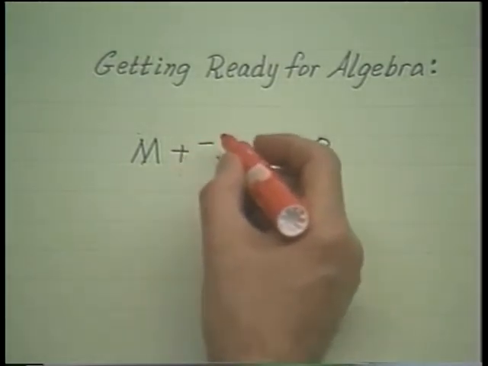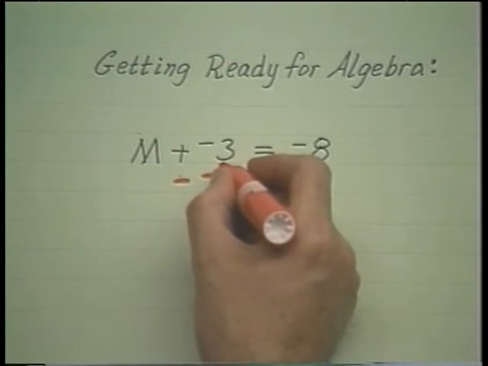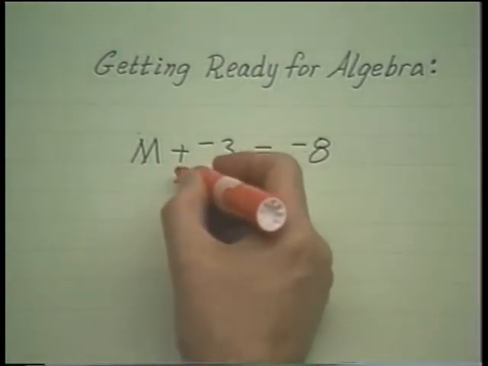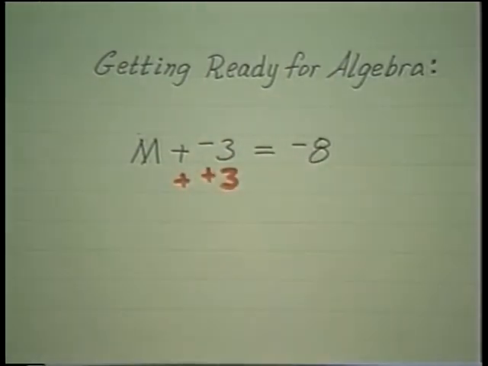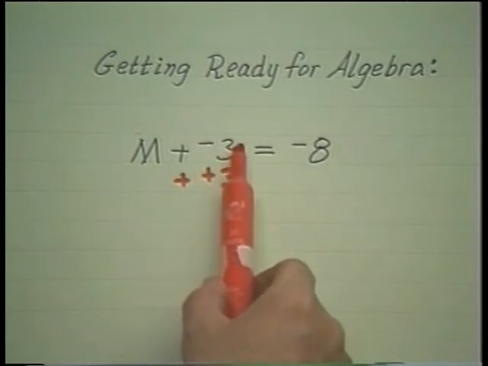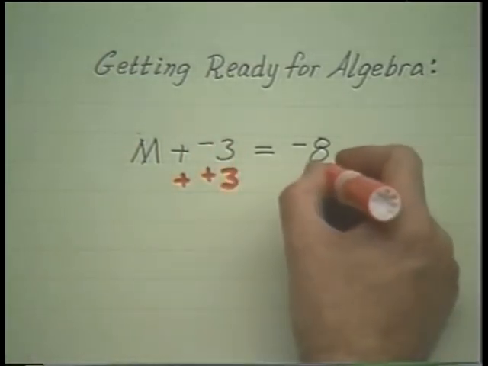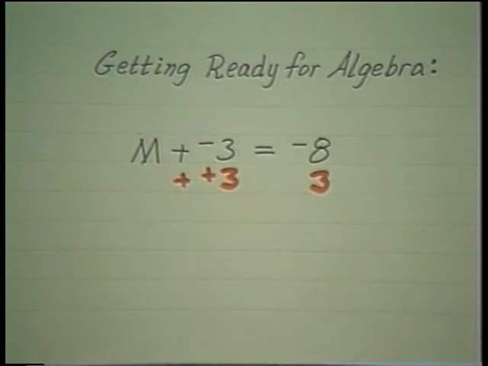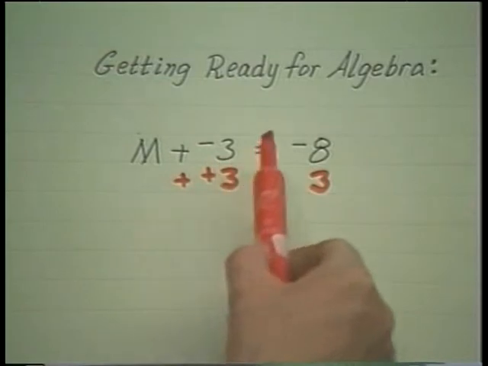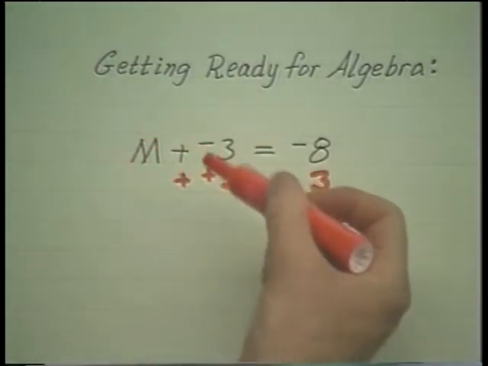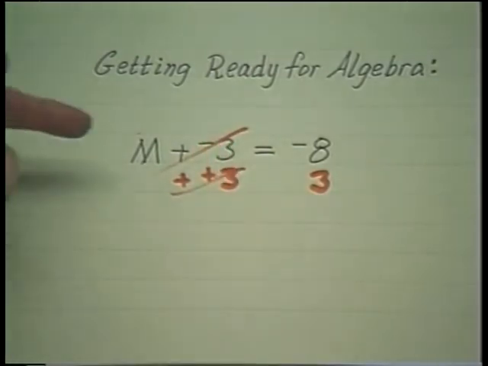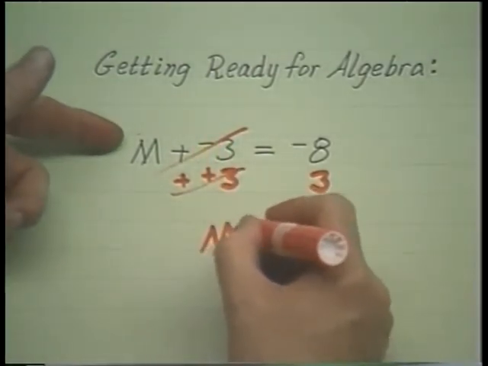Instead of saying subtract -3, which is certainly correct, what we know about subtraction now, subtraction means add the opposite. So in fact I can think I'll add the opposite of that which I want to undo. But then I must add an equal amount to the other side. But now by adding 3 I'm really subtracting a -3. Okay, so this undoes this because 3 plus -3 is 0, leaving me with my variable m.